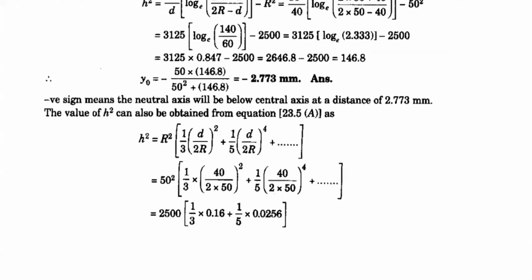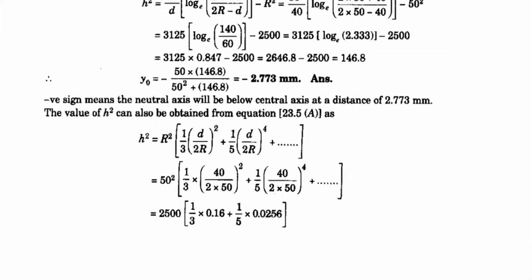Why? Because in your calculator, most students calculate everything at a time in a single manner. Suppose you have 3125 log of 140 by 60. If you calculate the logarithm value separately and then multiply with 3125, you will get the exact result.